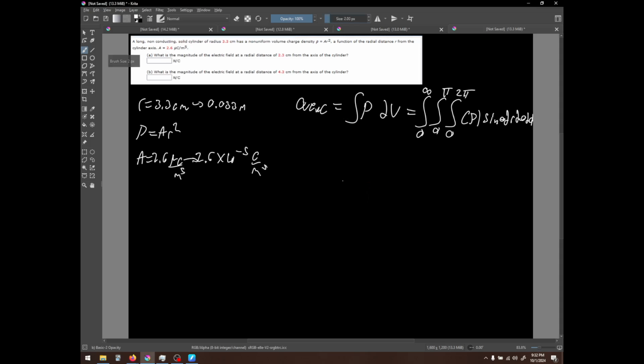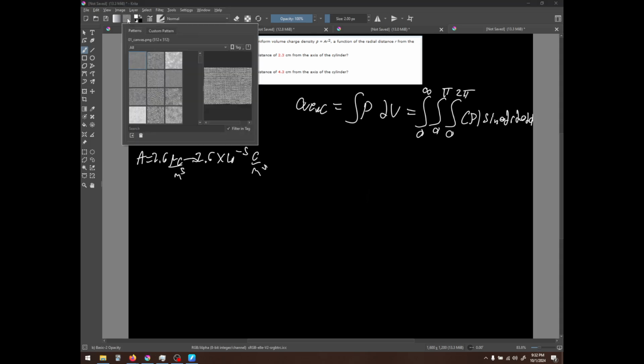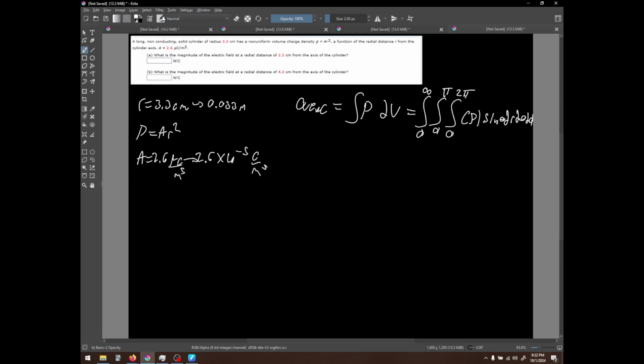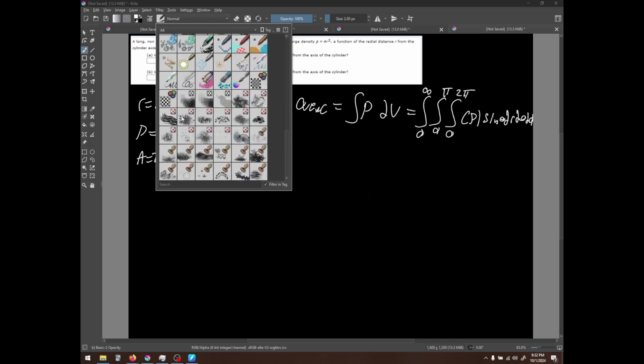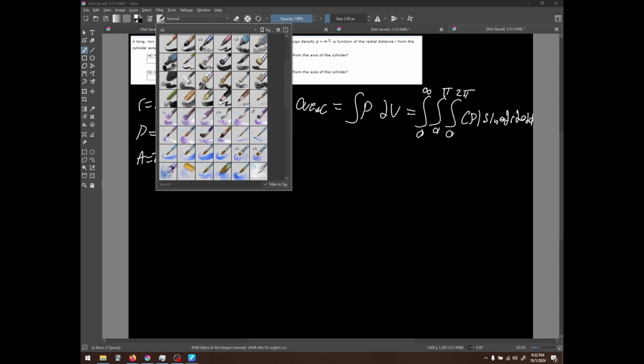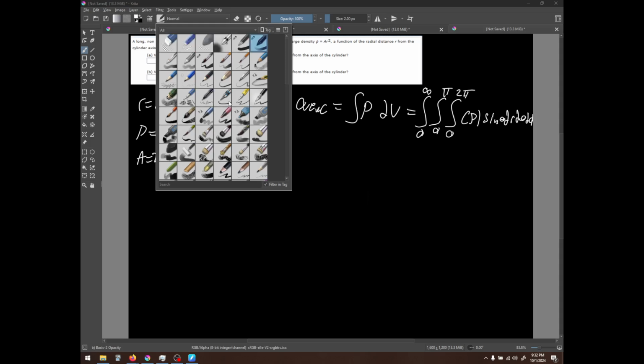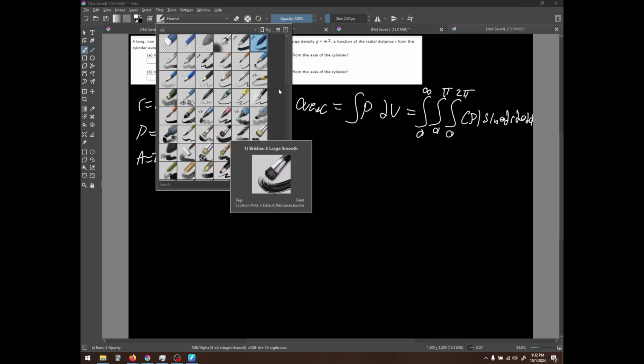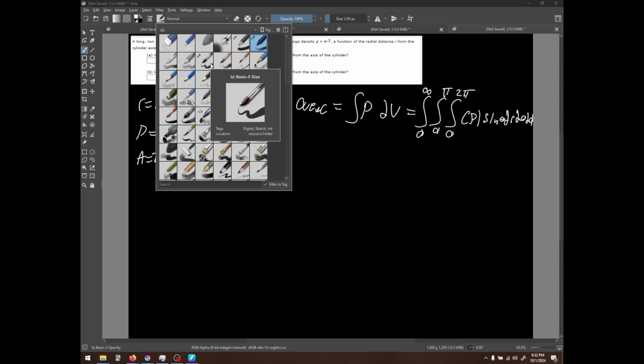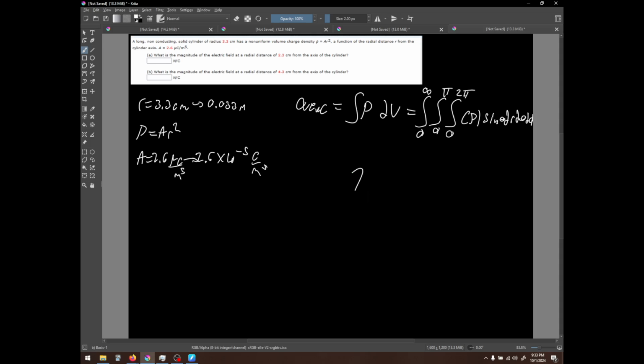Size 2. Oh boy. What happened? Where's the normal one? I think that one's the normal one, right? Maybe this one? That one looks good. It was this one. Yes! Winning. Okay.